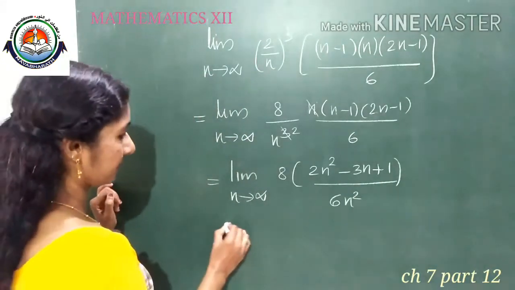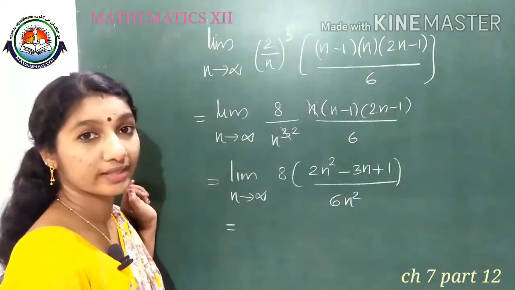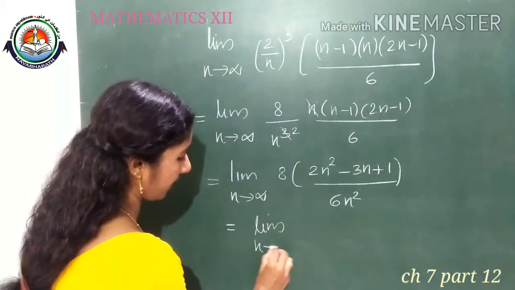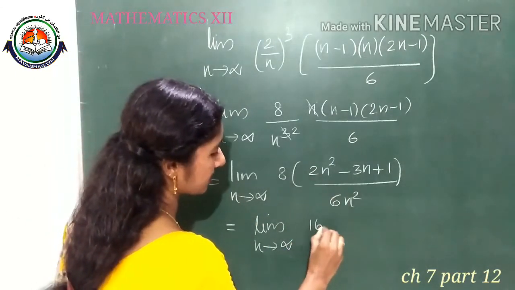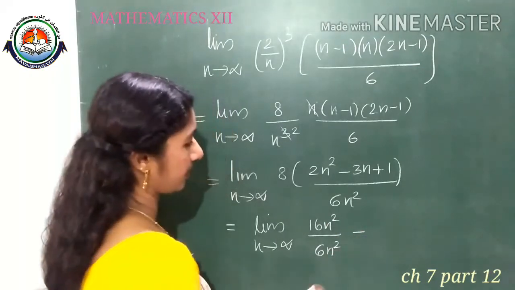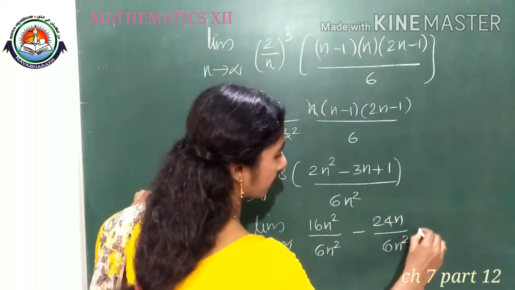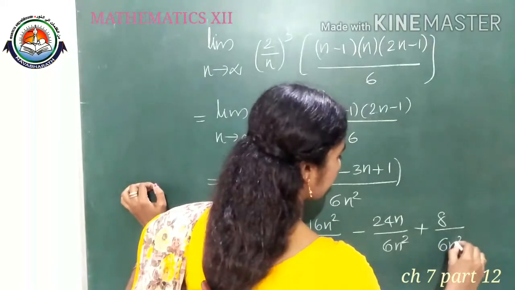Okay. Then we can multiply by 8 to remove the bracket on the numerator and divide separately. We will get limit n tends to infinity 16n square by 6n square minus 24n by 6n square plus 8 by 6n square.